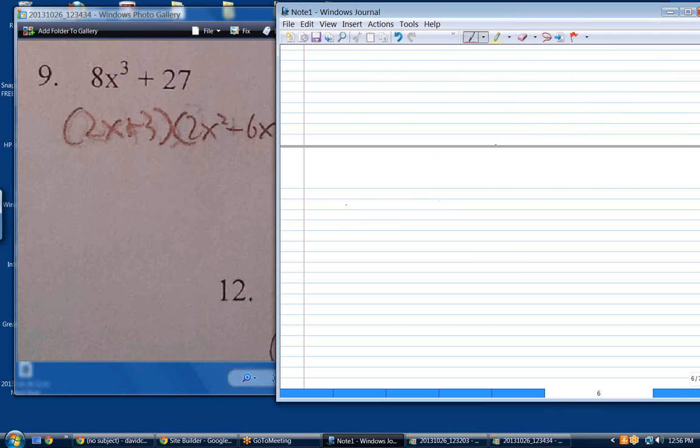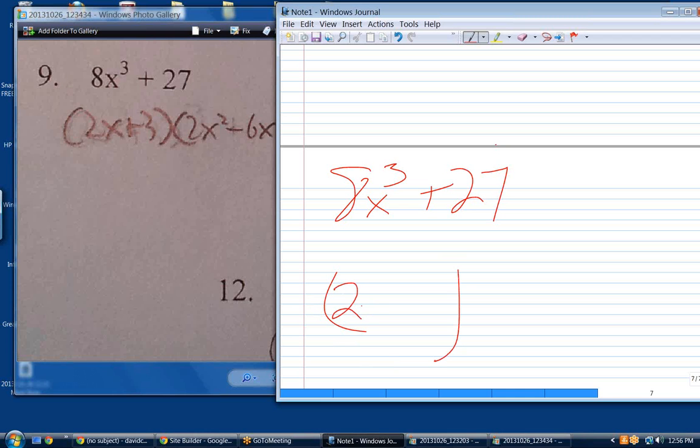So let's see. What is 8x cubed plus 27 going to be equal to? 8x cubed plus 27 would be equal to 2x plus 3. Yeah. In other words, the cube root of that plus the cube root of that times this squared. So it would be 8.